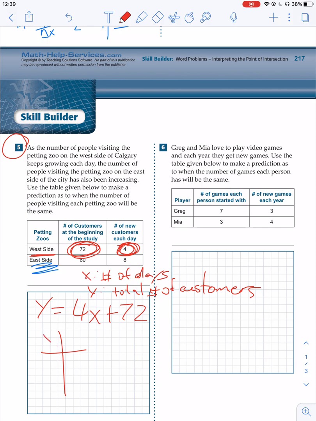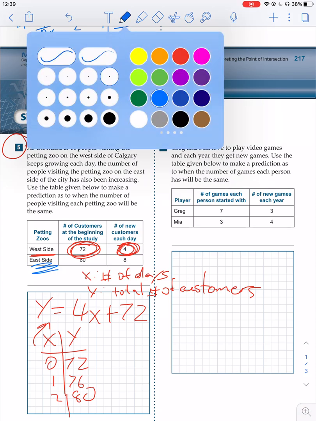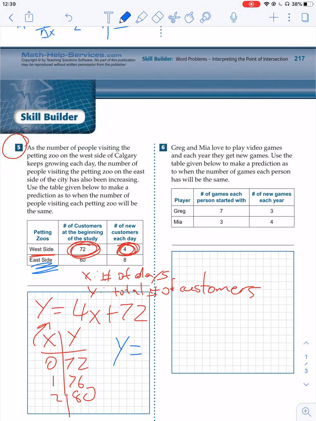On the very first day, there were 72 people, but after 1 day, the number increased to 76, and after 2 days, it will increase to 80. So this equation represents that function. Now the function in blue will be very similar, except that on the first day, this East Side Zoo had 60 customers, and it's increasing at a rate of 8 customers per day.